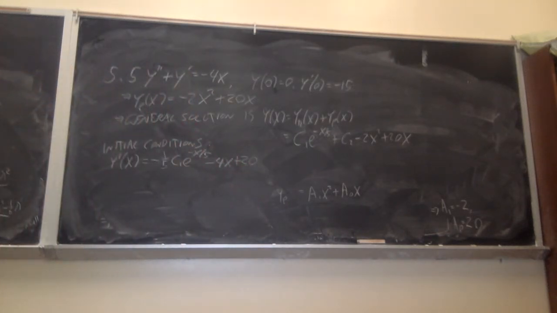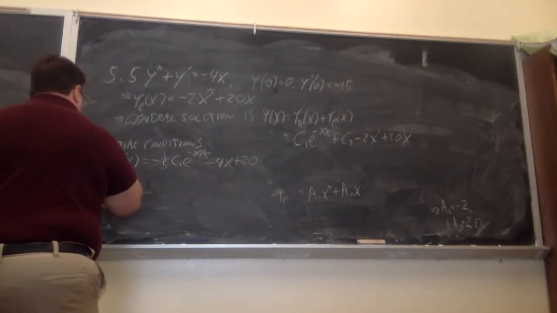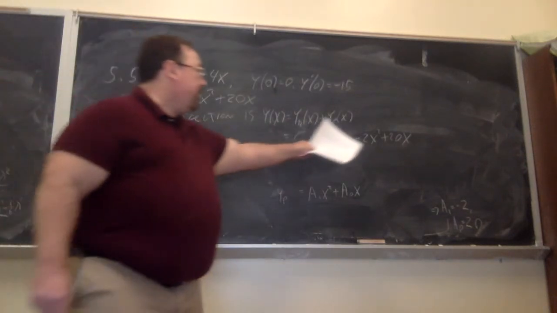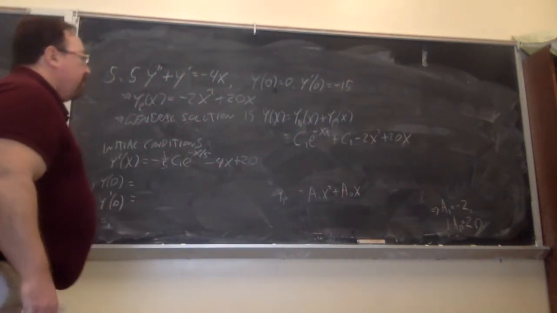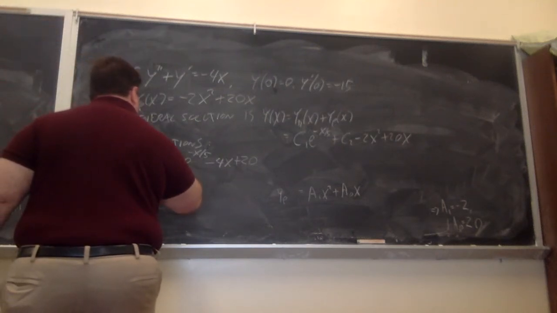Okay. So now that I have y of x and y prime of x, I can find y of 0 and y prime of 0. So if I fill in x equals 0 over here, we're just going to get C1 plus C2.